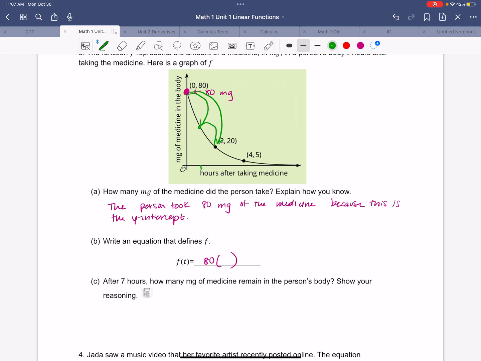If we continue, half of 80 is 40 milligrams, half of 40 is 20 milligrams, half of 20 is 10 milligrams, and half of 10 is 5 milligrams. We have to read between the lines. My initial points were every 2 hours, so to figure out what's happening every hour, I think about what's in between. That's a decrease of about half each time, which gets me to 1/2.